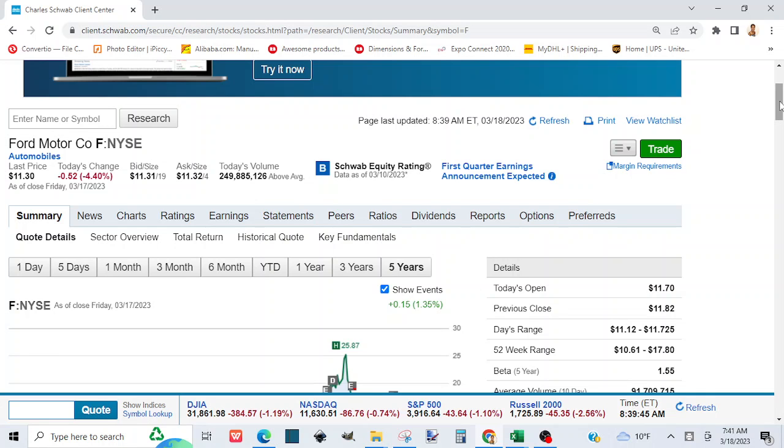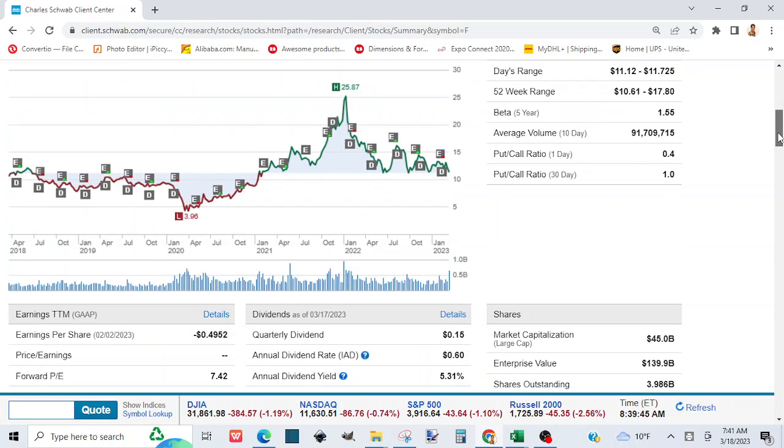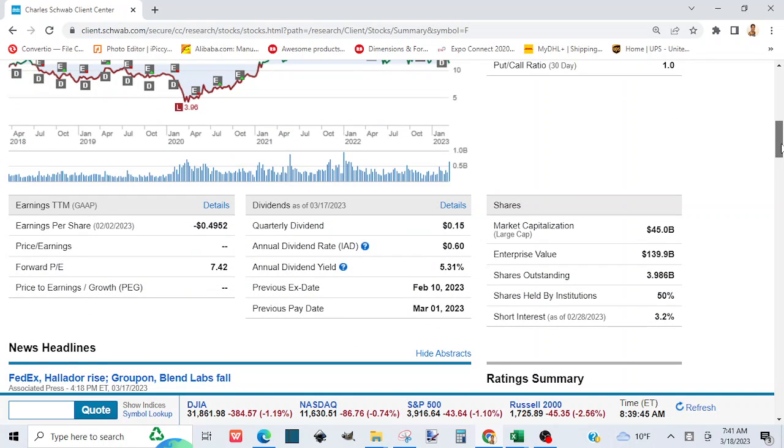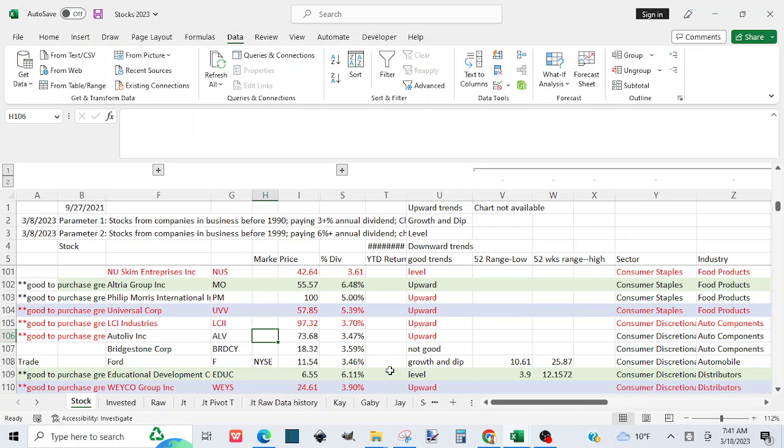So what I will do now is you can record the 52-week range for your reference. But then we can double check the dividend. Dividend is 5.31. Was it what it was showing before there? I'm not sure. I think it was showing 3 point something. Is that true?